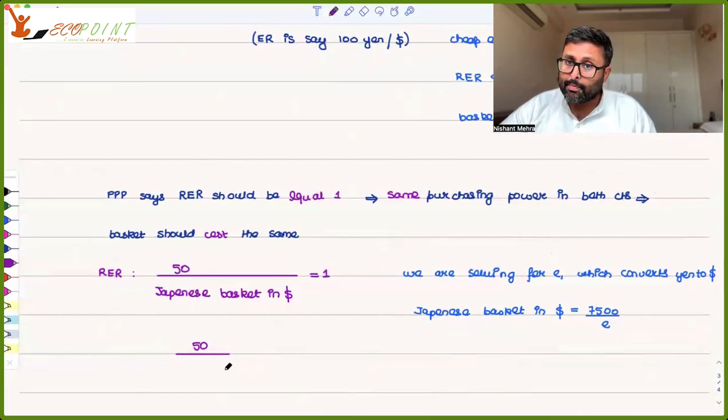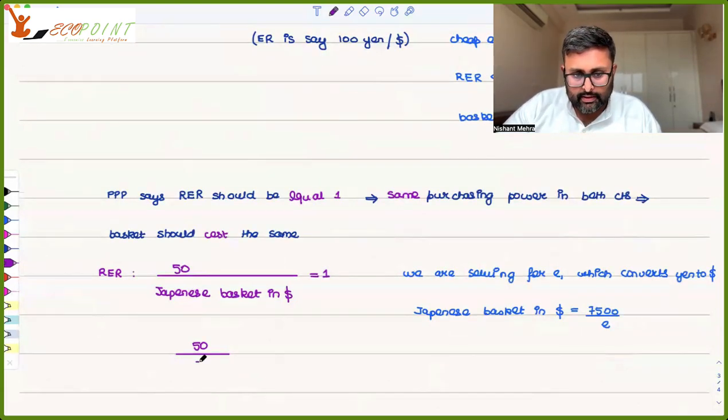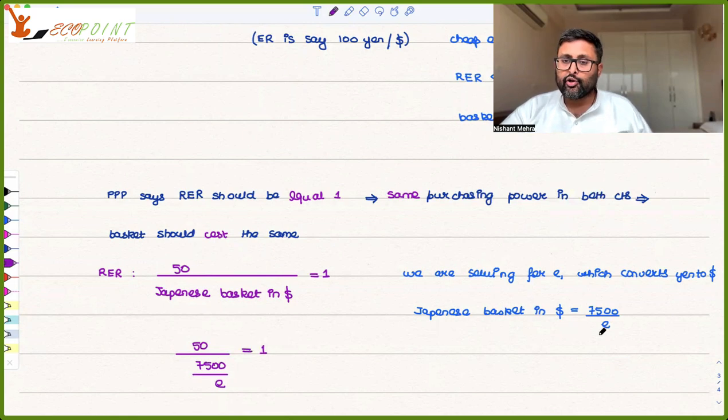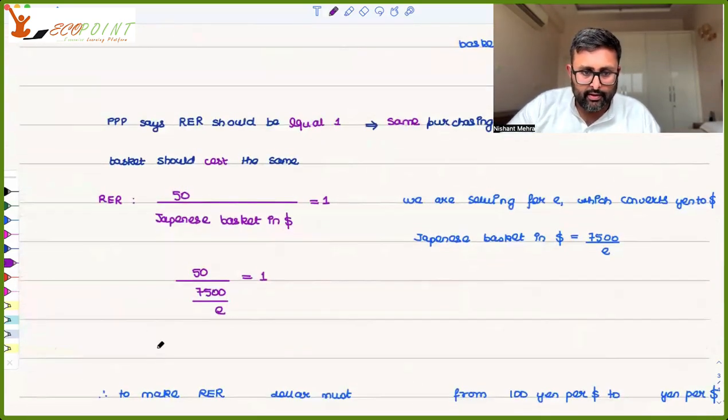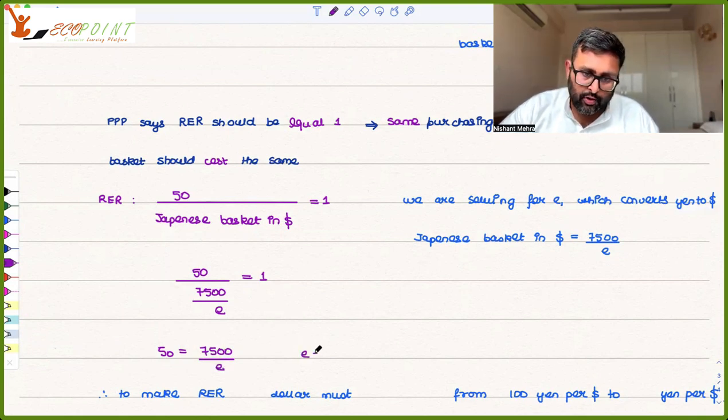Because I want to keep purchasing power the same in both the countries. That is, $50 upon 7,500 upon E, where small e is the nominal exchange rate. So if you solve this, 50 is equal to 7,500 upon E, you'll get E equal to 150.